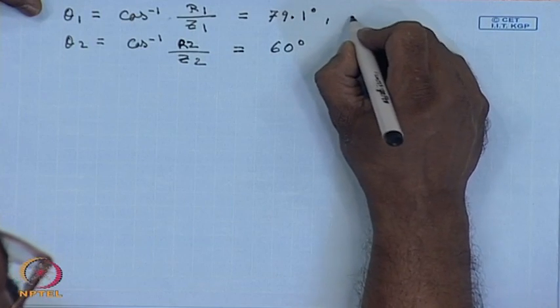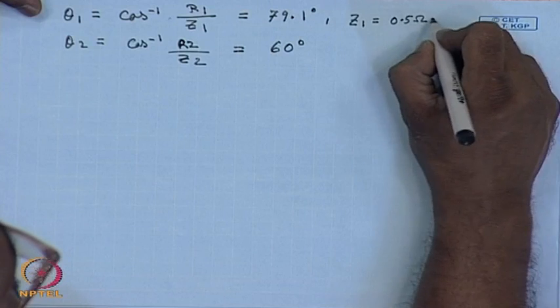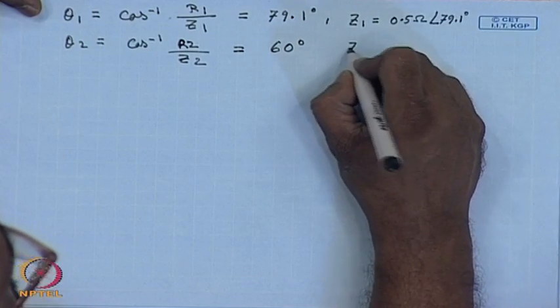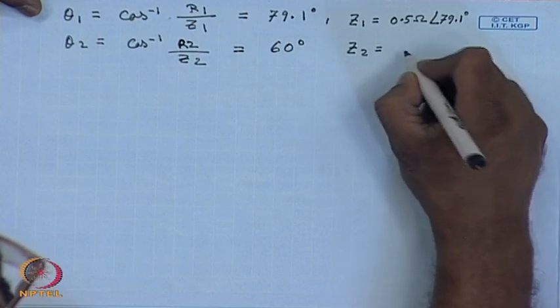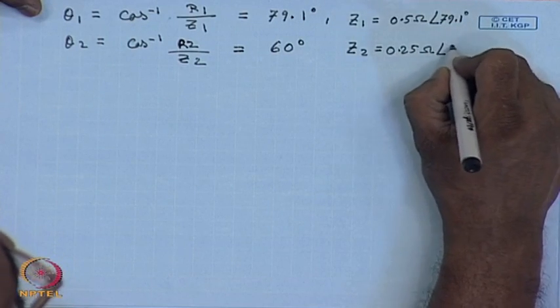So, Z1 equal to 0.5 ohm, angle 79.1 degrees, and Z2 equal to 0.25 ohm, angle 60 degrees.